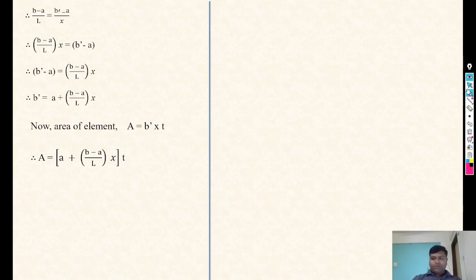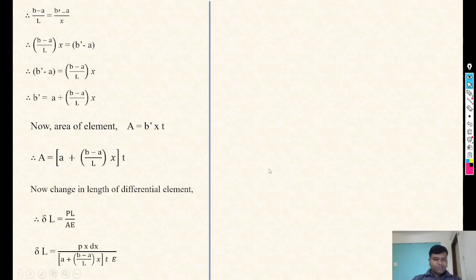Okay, but actually we are focusing on the change in length, and the formula for change in length is delta L is equal to PL by AE, where P is the axial force.